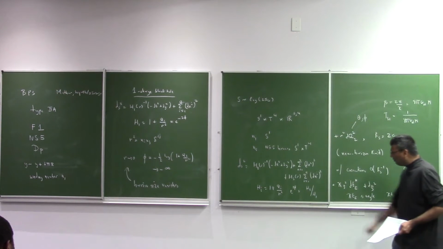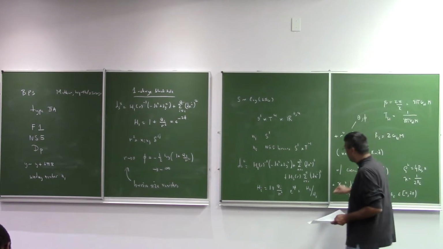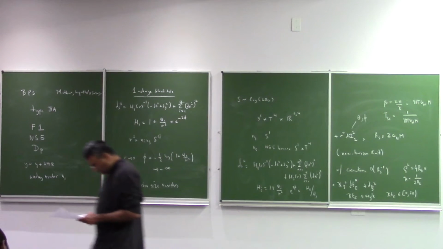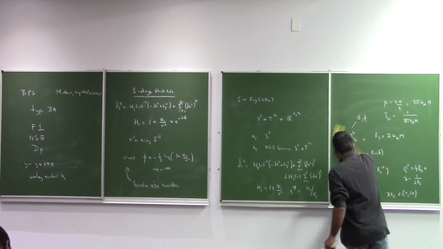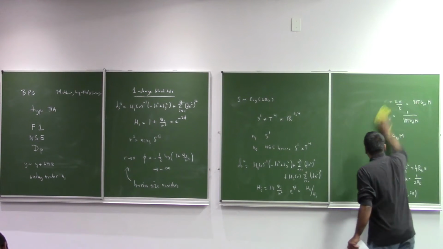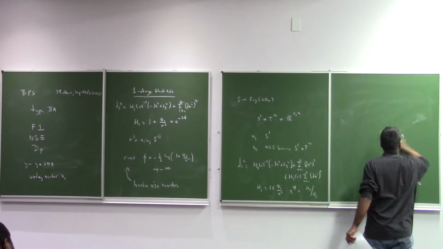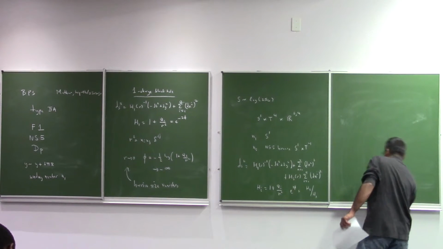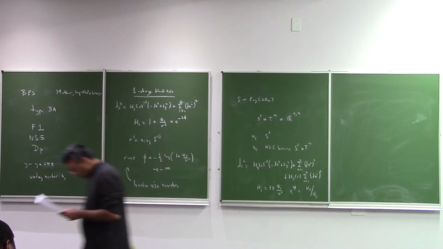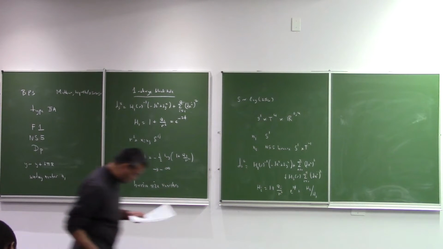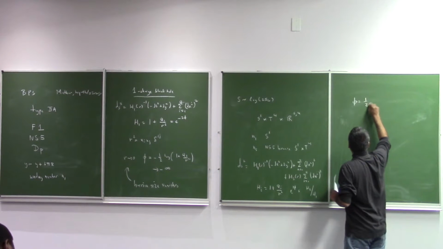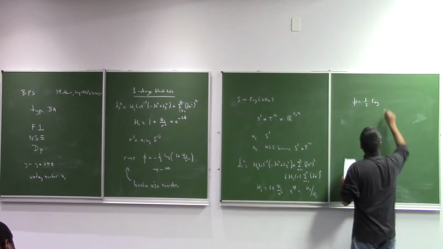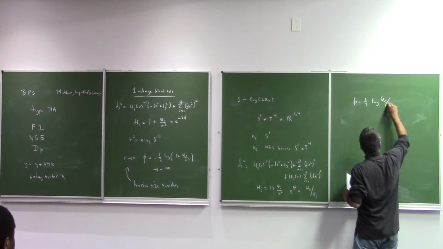So as r goes to 0, the dilaton this time is finite. So it's not going to minus infinity. The dilaton works out to be phi equals 1/2 log Q5 over Q1.